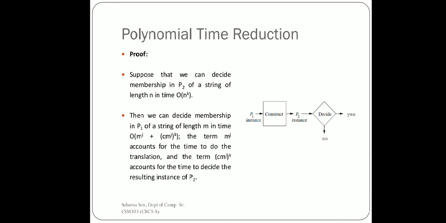Now if P2 is fed with c m to the power j number of inputs, and the complexity of the decision algorithm of P2 is order of n to the power k, then here n's value is nothing but c m to the power j. So we put n equal to c m to the power j, and the total will be c m to the power j, whole to the power k.